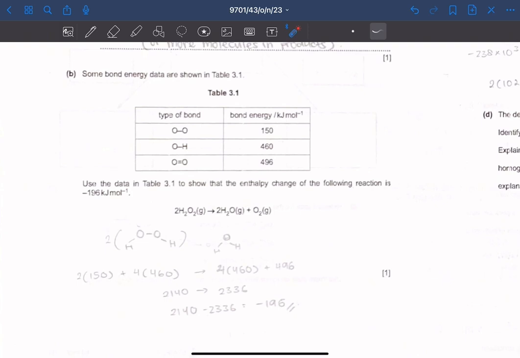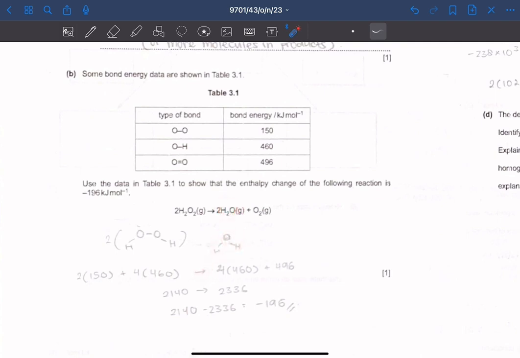So to understand this, we can draw hydrogen peroxide, H-O-O-H. For O-O, there's 150. Then O-H, there's 460. But because of the coefficient 2, O-O is times 2, 150 times 2. O-H is times 2 times 2, which is 4. 4 times 460, which is the O-H bond.